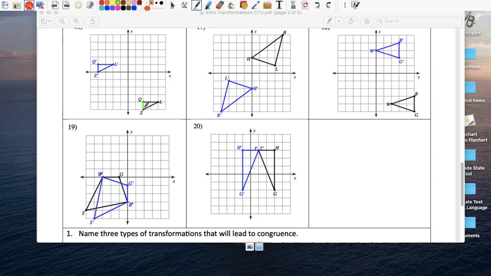What's happening to this shape here? Well, this one seems like it was just a translation. Somebody shifted this triangle 1, 2, 3, 4, 5 units up, and then 1, 2, 3, 4, 5, 6 units to the left. A translation.